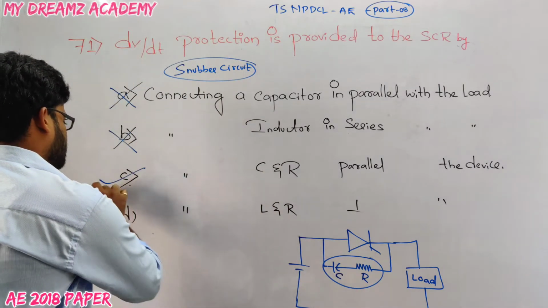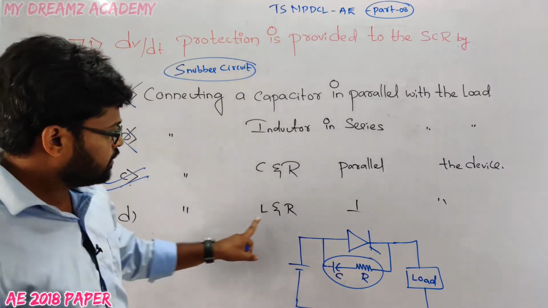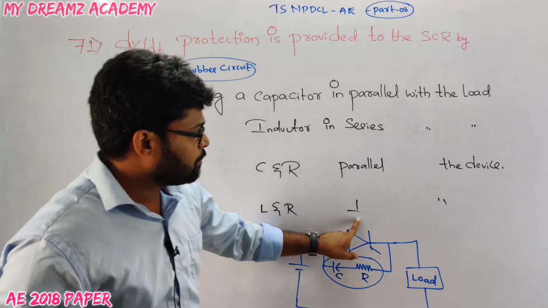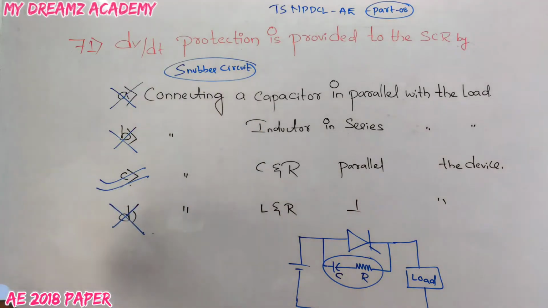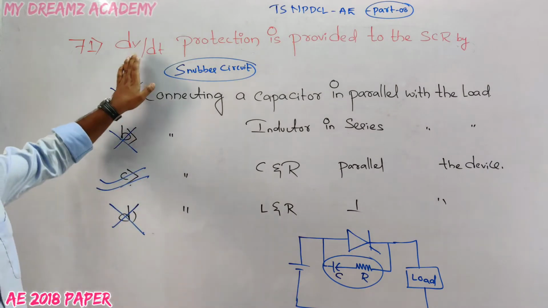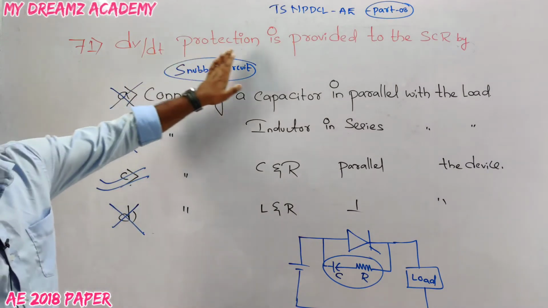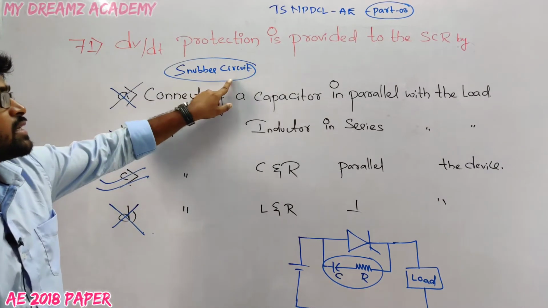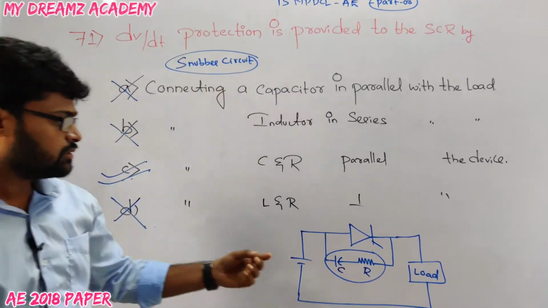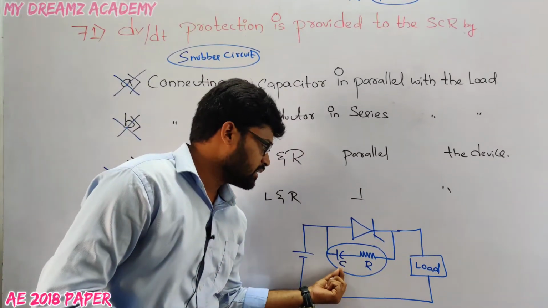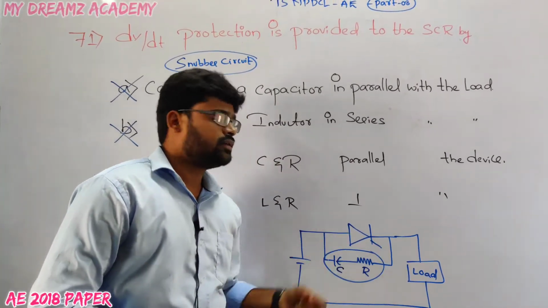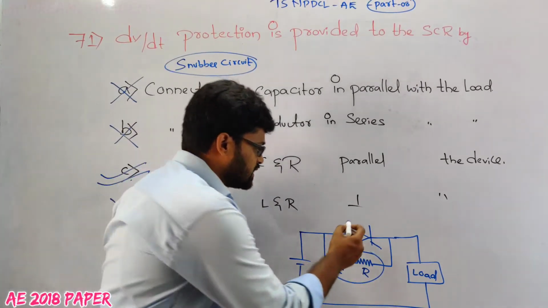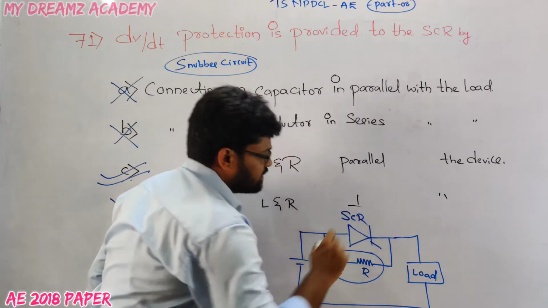So option C is correct. Connecting an inductor and resistor in parallel with the device. This is also wrong. So the answer is, dV by dt protection is done by the snubber circuit, and the snubber circuit is a resistor and capacitor in series, which is parallel with the device. Here the device is SCR.